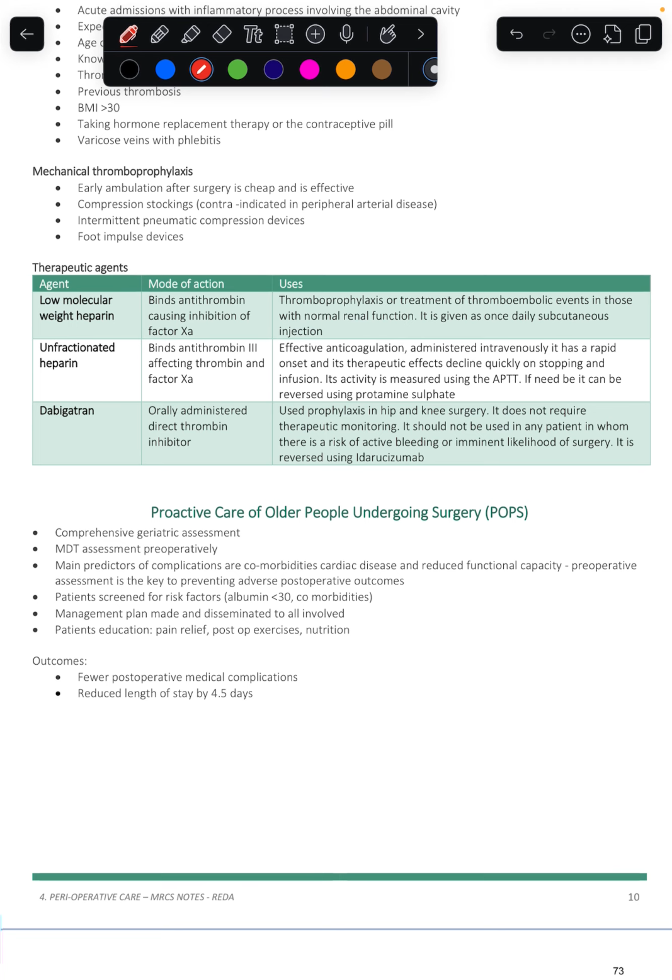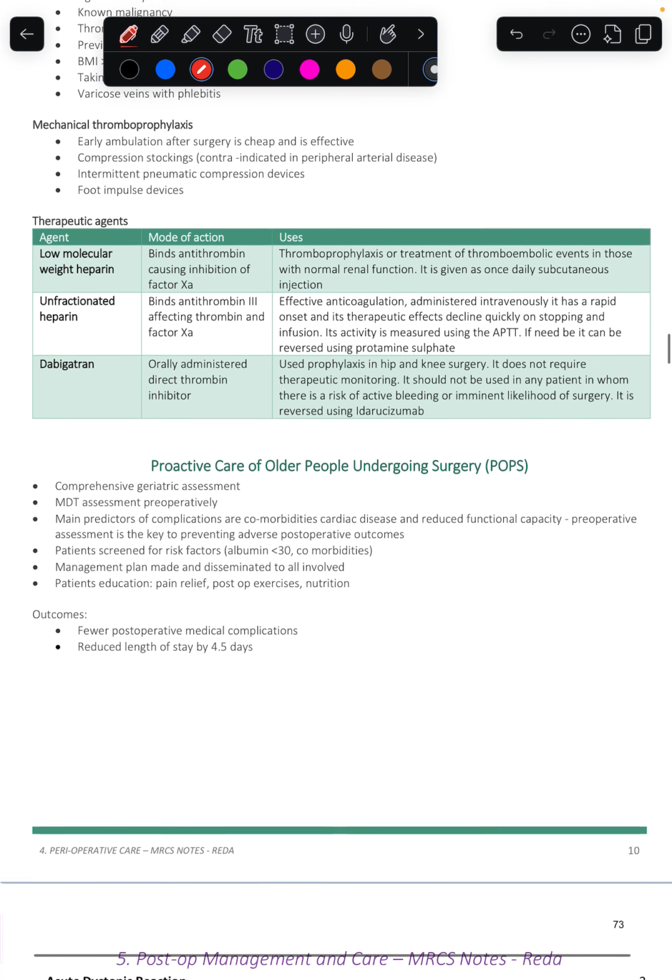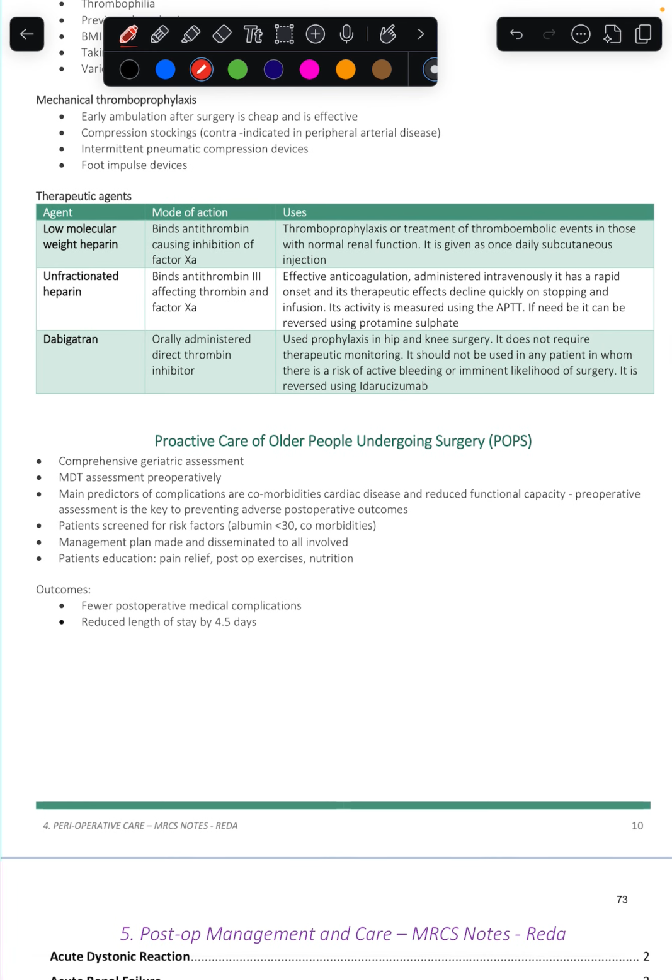Unfractionated heparin binds with antithrombin III, affecting thrombin and factor Xa, giving effective anticoagulation quickly. Dabigatran is an orally administered thrombin inhibitor, used for prophylaxis in hip surgery.